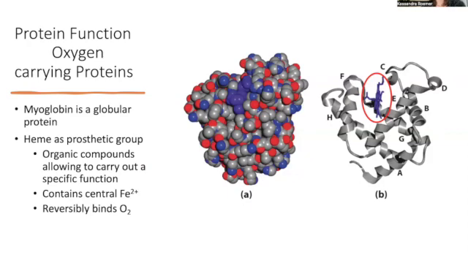So the heme group binds the iron with 4 nitrogen atoms and a histidine side chain that reaches into the prosthetic group, and a 6th binding component can be oxygen, which can reversibly bind and then change the conformation of myoglobin.